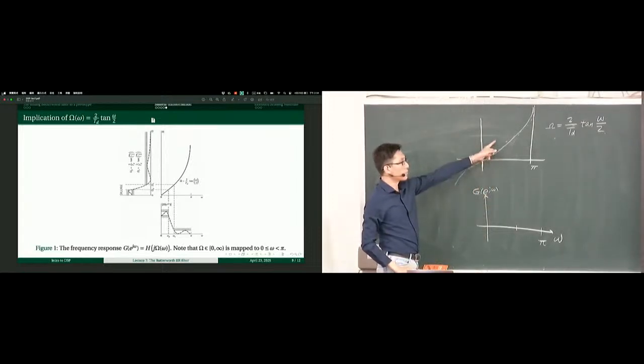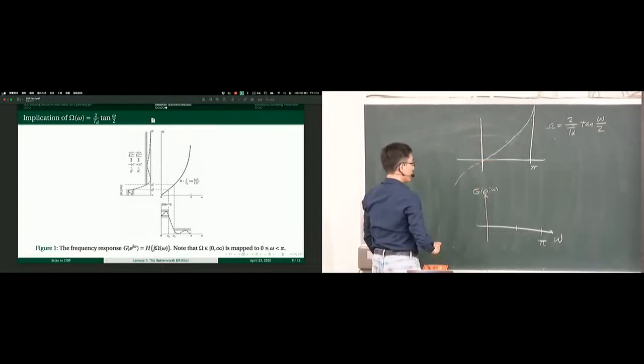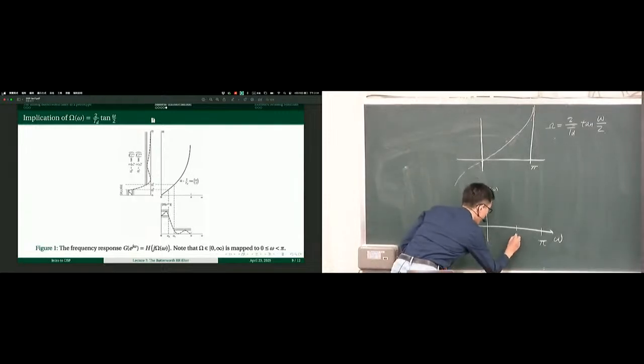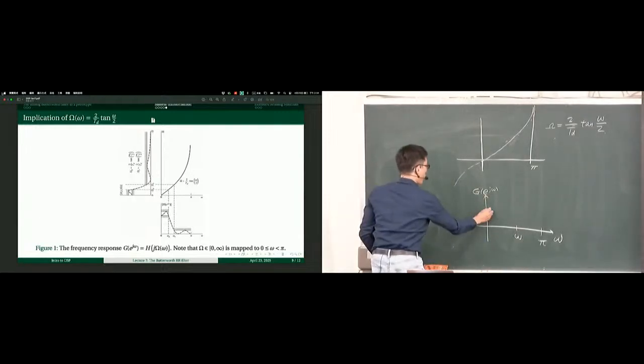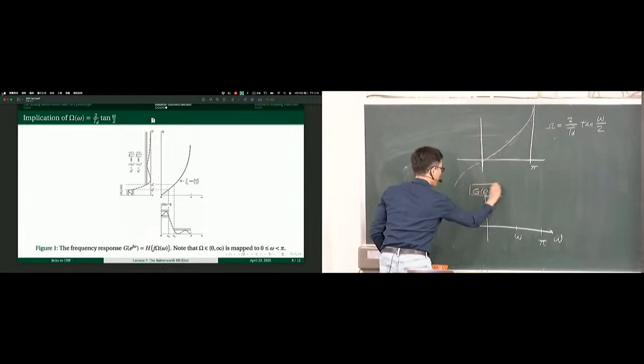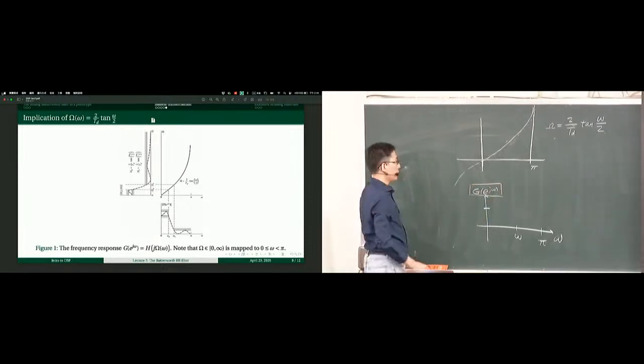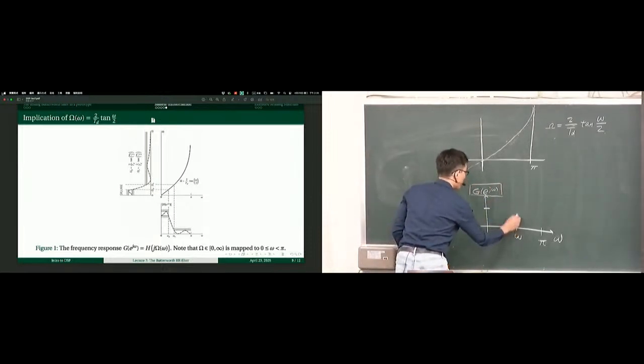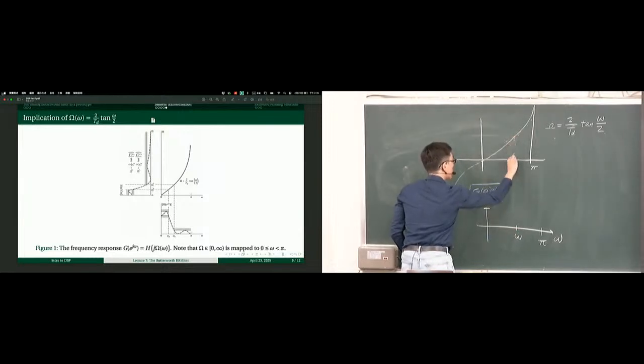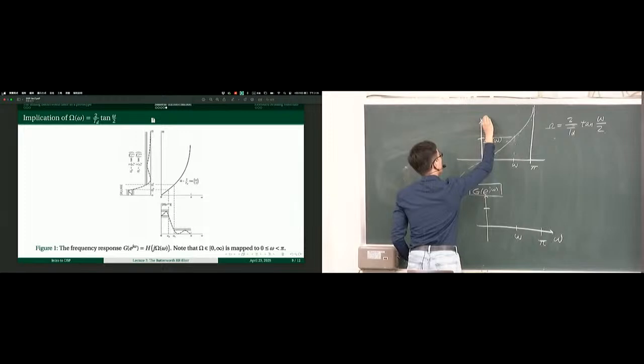That's the mapping, the compression. If you want to understand for any omega what the frequency response will be, first find out omega, and here is going to be big omega of small omega, along this axis.